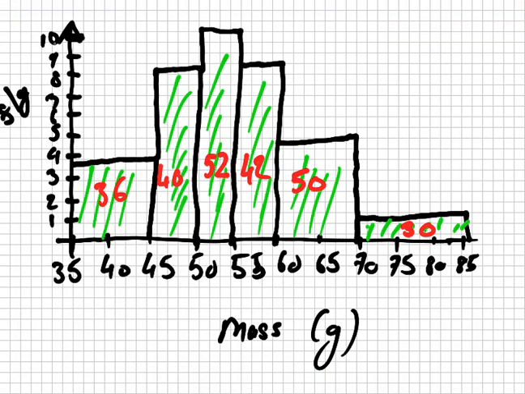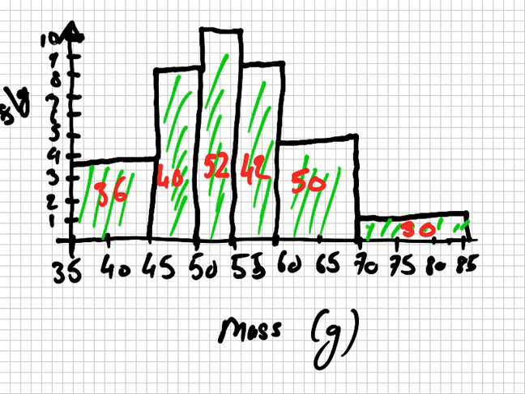Okay. Can I do the next part? Yes. So they said the heaviest 50 eggs are classified as large. So, how many eggs do I have between 70 and 85? Yes, 30.